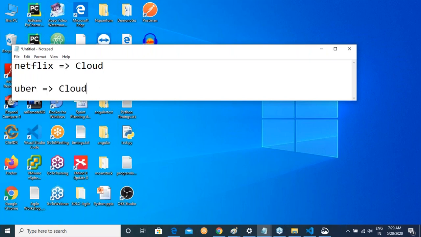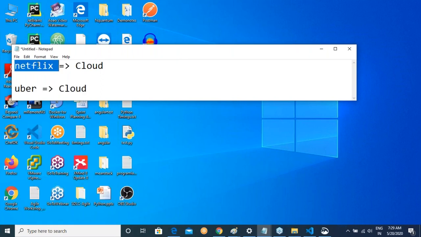Do you agree with me? I'm not getting any response, that's the reason why I'm asking. Okay. So Netflix also uses cloud. It might not be using Azure, but I'm just trying to give you an example. Uber is also using a cloud.